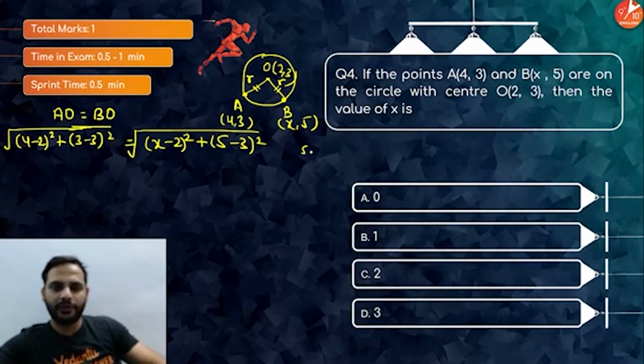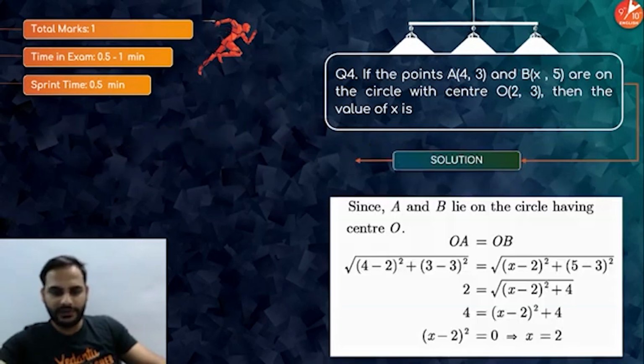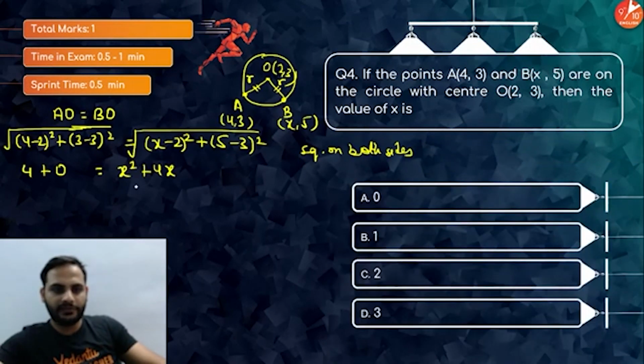If we square both sides, the square root will be gone. 4 minus 2 is 2, 2 square is 4, 3 minus 3 is 0, square is 0, equal to (x minus 2) whole square, which is x square minus 4x plus 4, plus (5 minus 3) whole square, 5 minus 3 is 2, 2 square is 4 again.